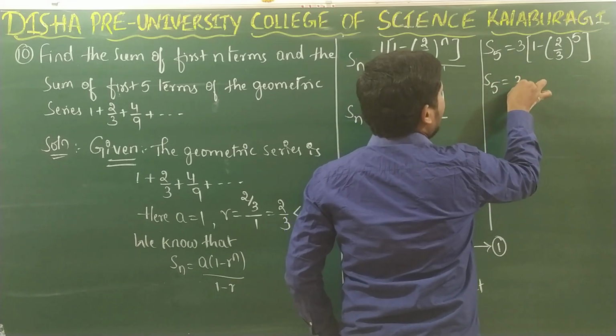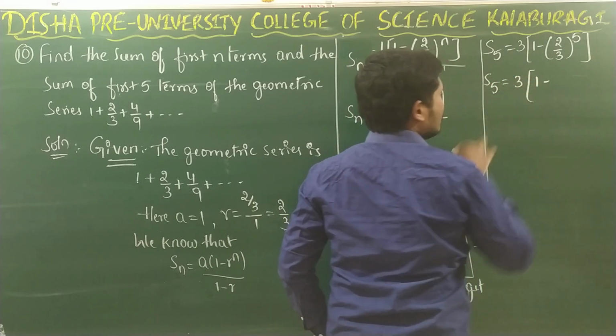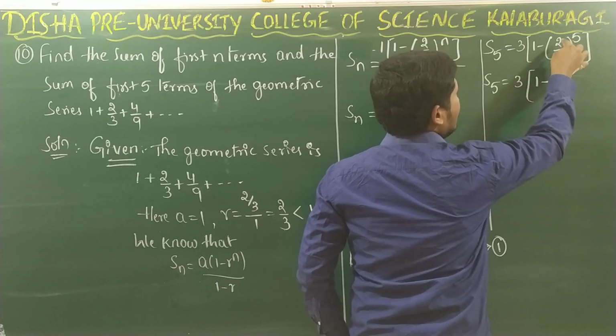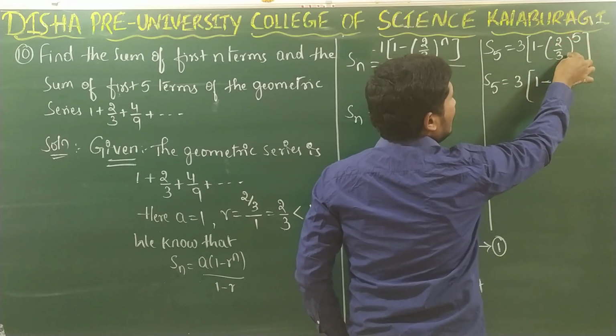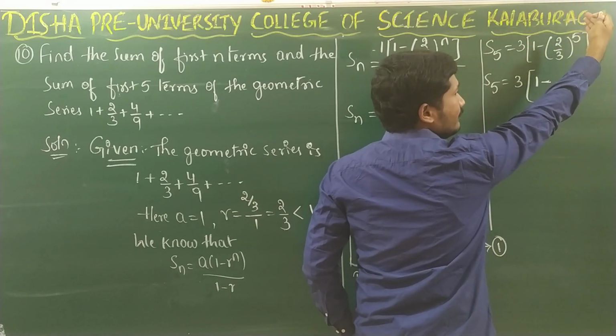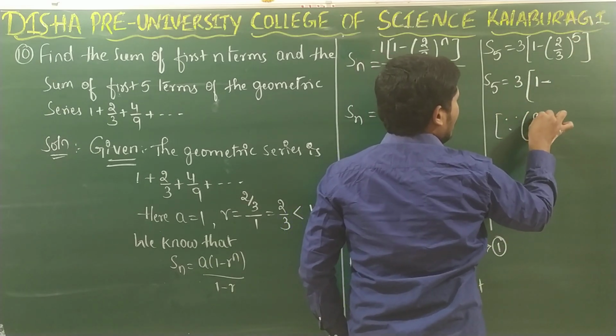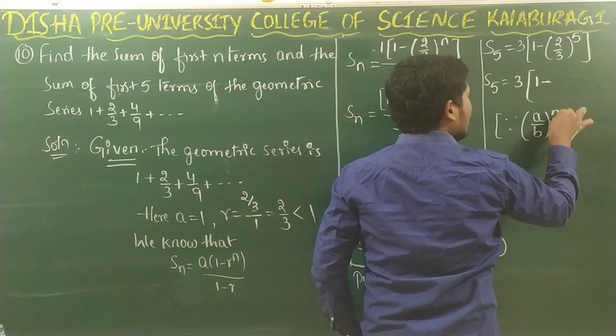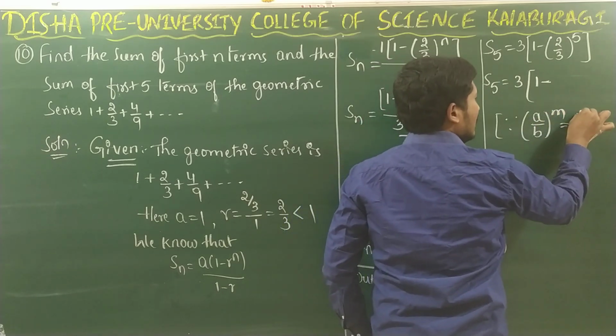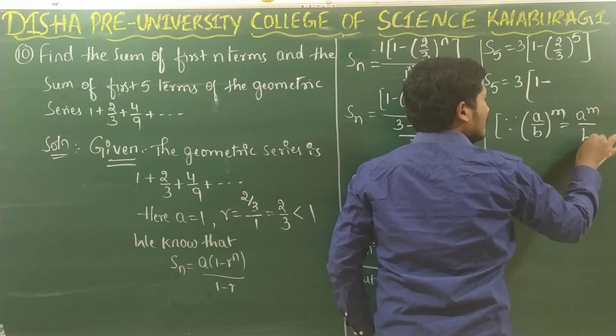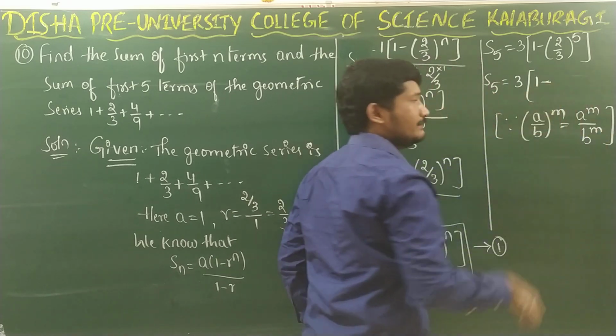S5 is equal to 3 into 1 minus. See, this is of the form a divided by b whole power m. This is of the form a divided by b whole power m, which can be written as a power m divided by b power m.